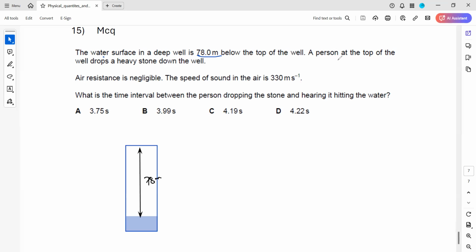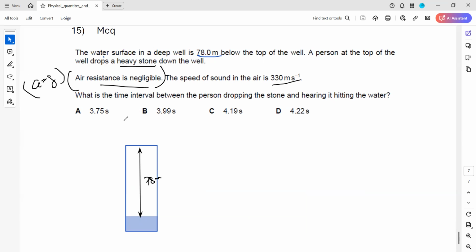A person at the top of a well drops a heavy stone. The air resistance is neglected. So if air resistance is neglected, it means the acceleration is equal to the gravity, which is 9.8. The speed of sound in air is 330 meters per second. What is the time travel between a person dropping the stone and hearing it hitting the water surface?